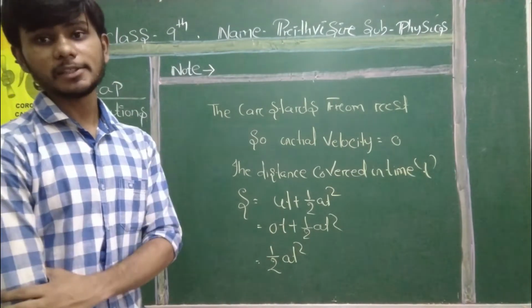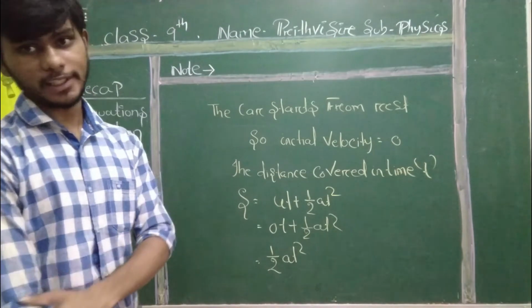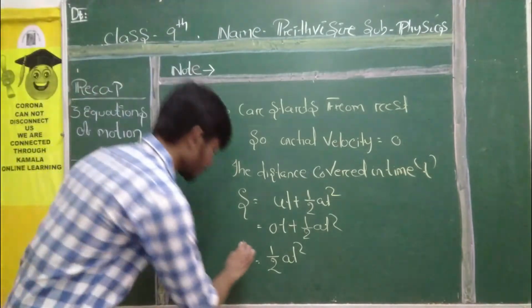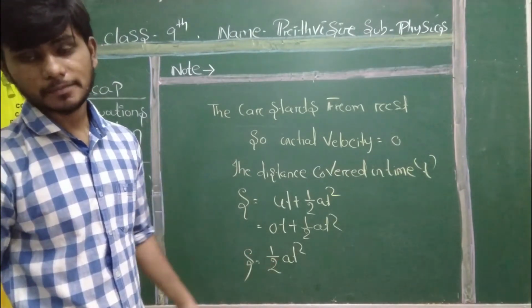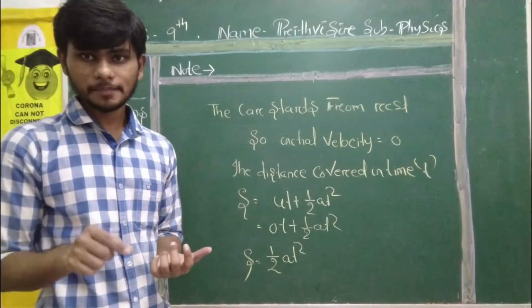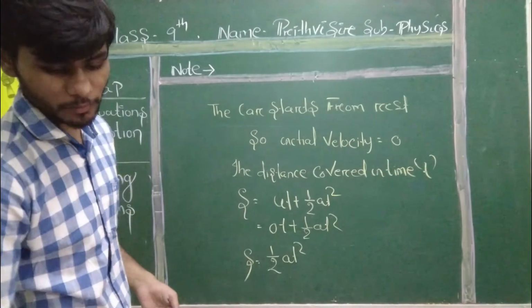Now average speed is equal to total distance traveled divided by total time taken. Our distance is s equal to half at square. Total time taken is t. Now what will be the average speed?